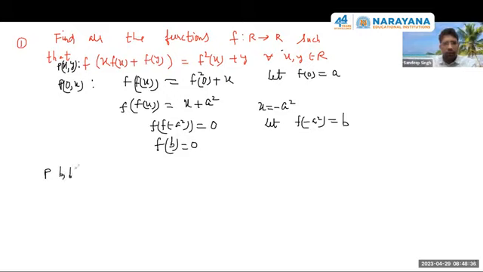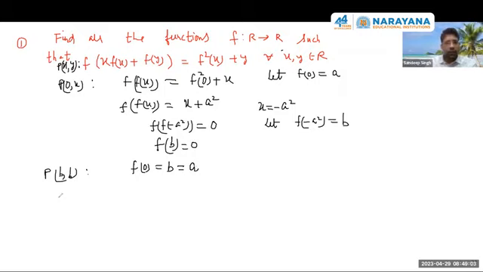Let us try P of b comma b. b is 0, f of b is 0, so this will provide f of 0 and f of b. So the value of f of 0 is b. And f of 0 is also a. That means a and b are equal.